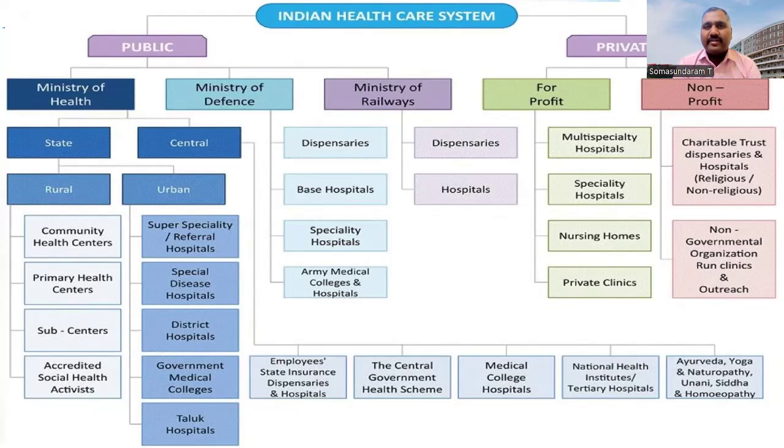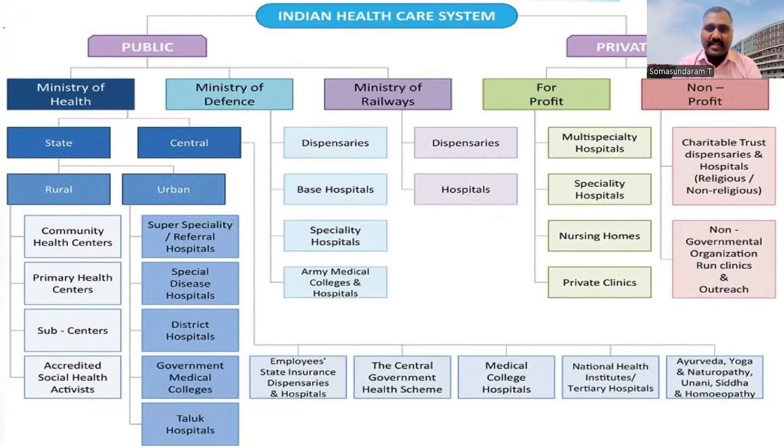One is under the Ministry of Health: all the government hospitals and primary healthcare centers are part of it. There are also exclusive hospitals, centers, and clinics for defense, like the army, as well as for the railways.